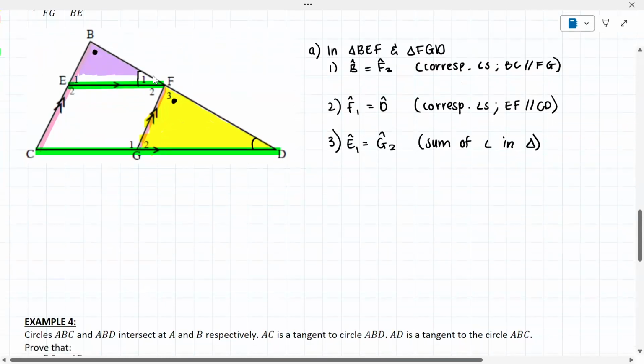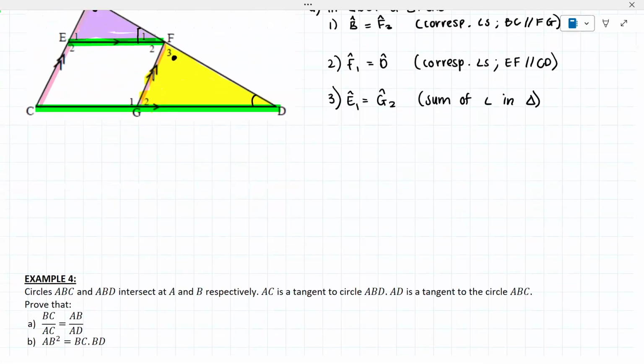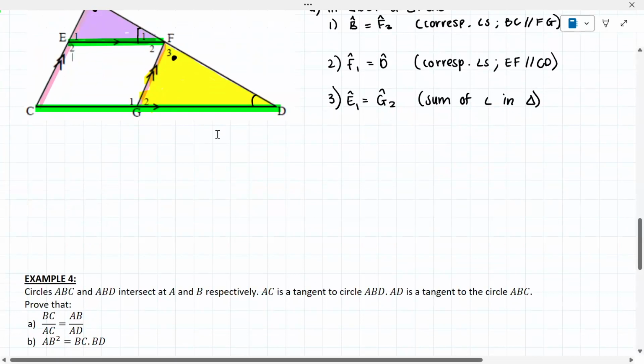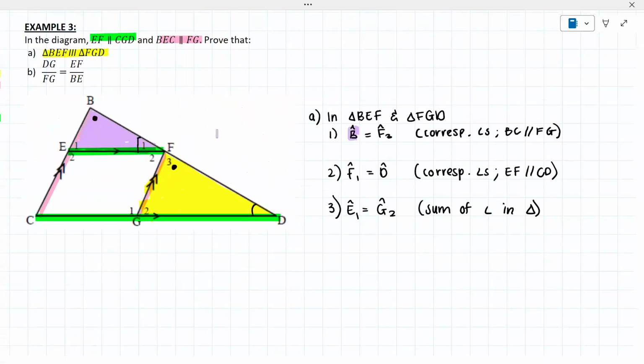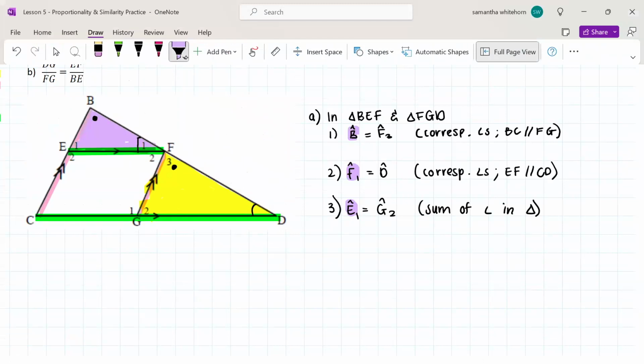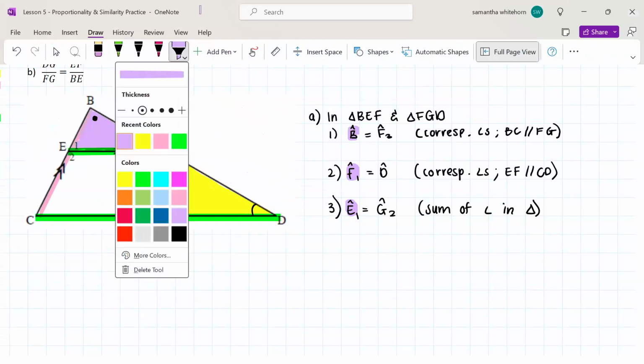If you have a look at how I set up my similarity working out, angle B, angle F1, and angle E1 were all the first angles that I worked with. And if you set it up like this, that you keep all the angles from the same triangle as your first position or your second, vice versa, it does make your life a little bit easier, especially when you're trying to check whether or not you've got the correct order.